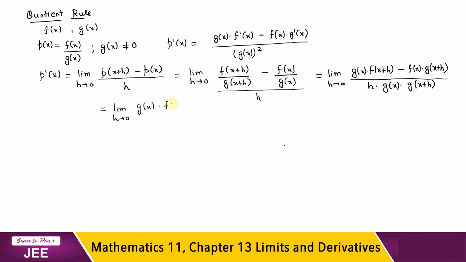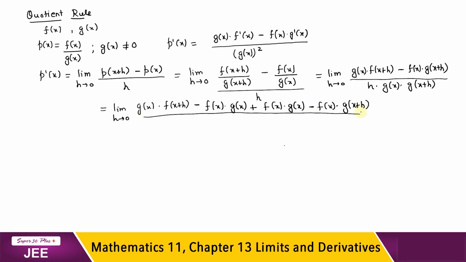So we have g x into f of x plus h, and now subtract f of x into g of x, and I am going to add the same f of x into g of x, and then we have minus f of x into g of x plus h, and this is whole divided by h into g of x into g of x plus h.